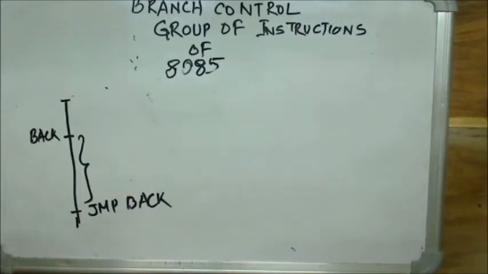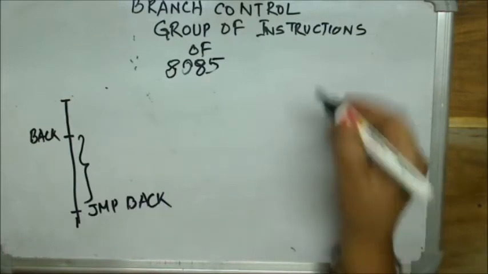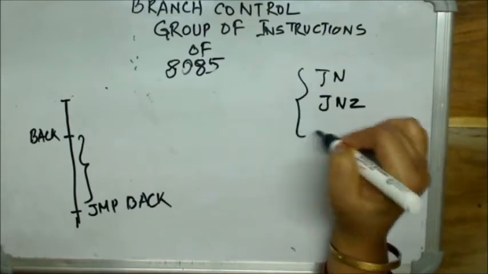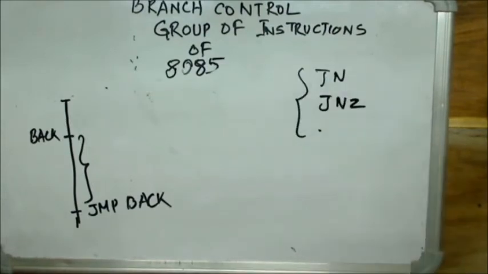Now, examples of jump if 0 and jump if not 0, that is JZ and JNZ. Examples of these instructions are looping. That is the next thing I am going to explain, how to create a loop.